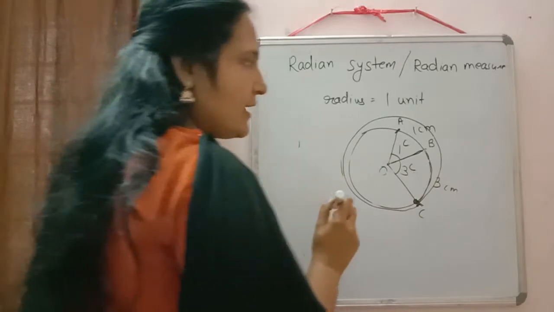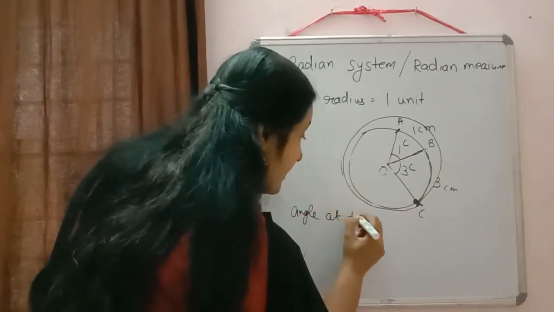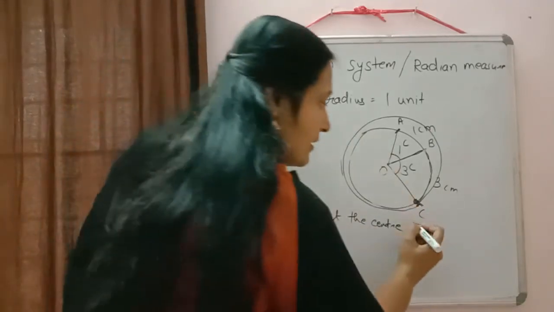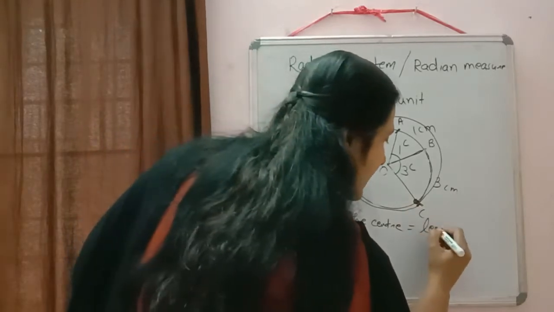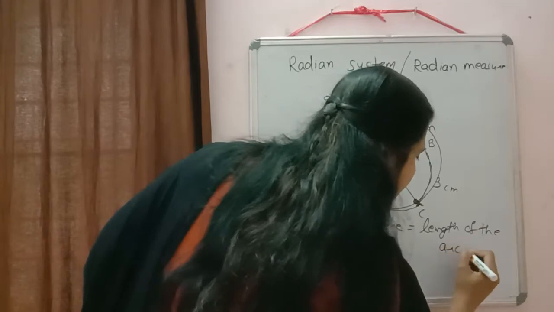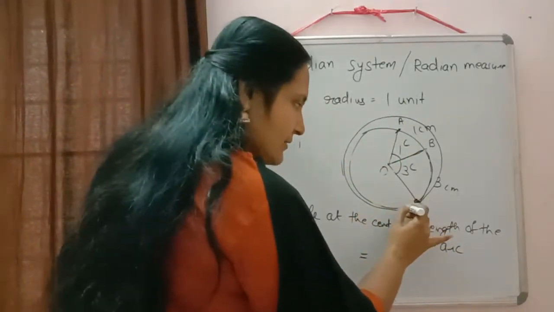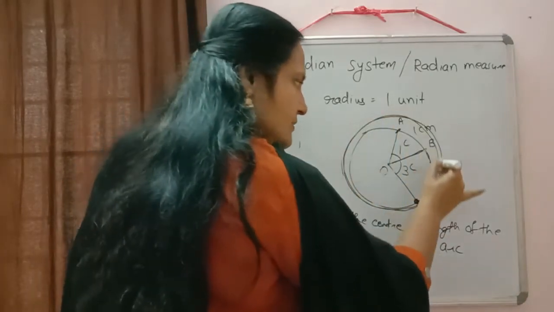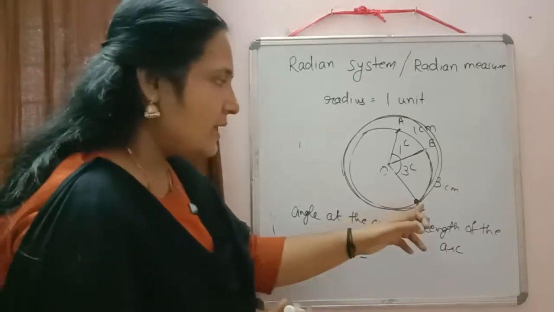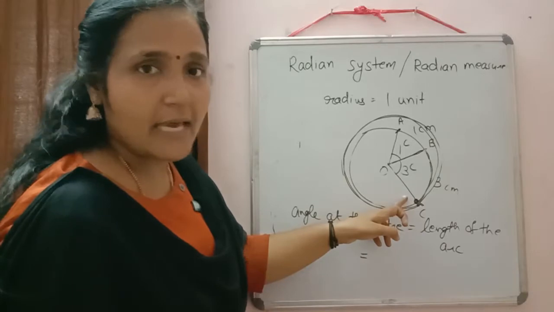So according to the definition, angle at the center will be equal to what? Angle at the center will be equal to the length of the arc. So I started with C and my ending point is also C. So what will be the length of that arc? Length of the arc will be equal to the circumference of the circle.